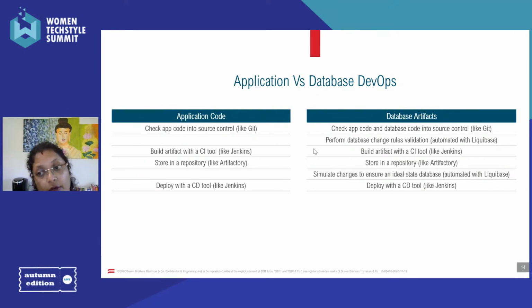We'll check in the code, same as app code, to Git, but we will perform database change rule validation. Then we'll build it, we'll store it, and then we simulate the changes to ensure that this is the ideal state we want it to be in, and then we'll deploy it. So the two steps that have been added can be automated, and I did mention automating with Liquibase. So there has to be some sort of automation, and are there any automation tools available? Following slides will cover that.